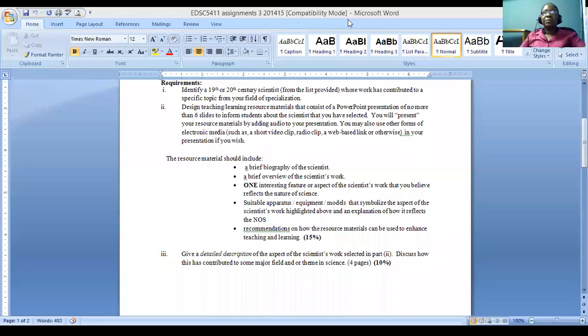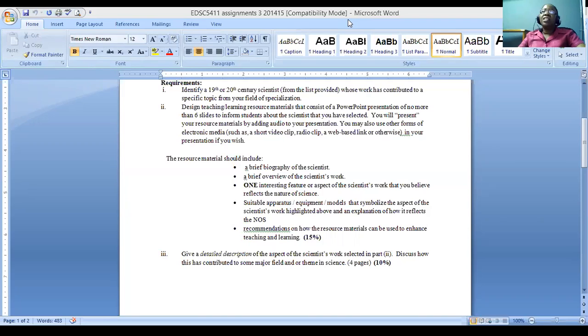Notice that for part 3, it said give a detailed description of the aspect. So that means this is just one aspect. You're not expected to talk about every aspect of the scientist's work. You're to select one. So in doing your research on your scientist, you may see that there is more information in this particular area, so you probably want to choose that aspect to talk about, because it does say a detailed description of the scientist's work.